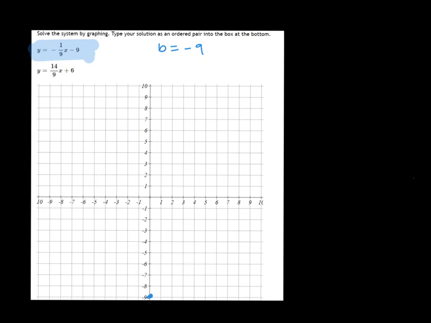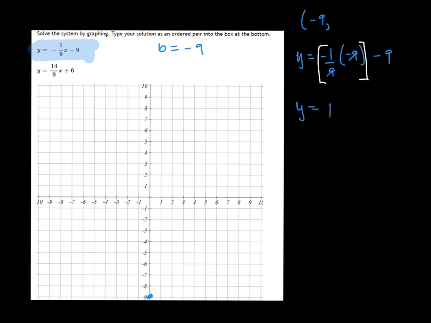So I'm going to test the point. y is equal to -1 over 9 x. I'm going to let x equal -9. So I'm starting my ordered pair. My x value is -9. And now I subtract 9. I want to multiply -1/9 times -9. That leaves me with y is equal to, the 9's cancel, and equal to 1.